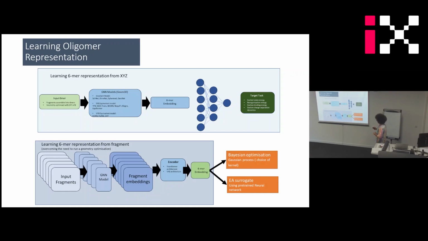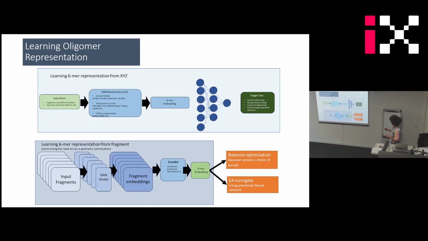The way the GNN would work is it would give you an embedding in a certain dimension for your molecule representation, and then you use just a simple feed-forward neural network to predict the target.